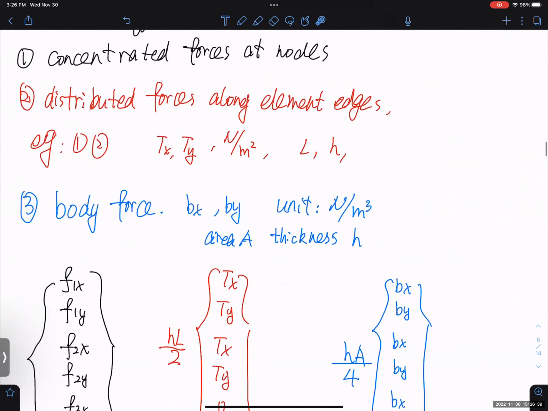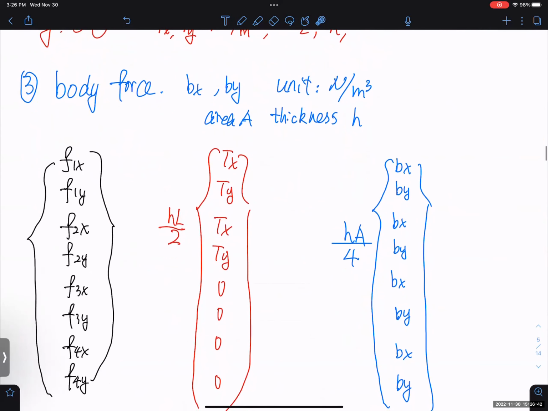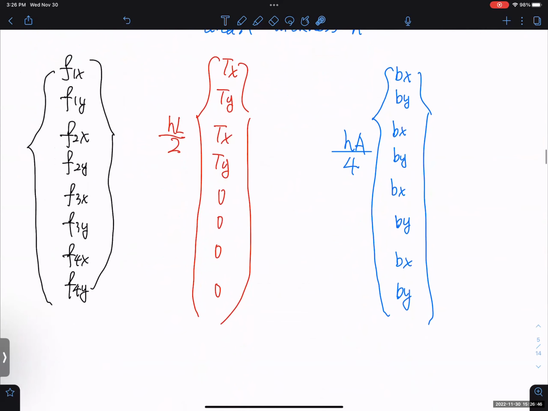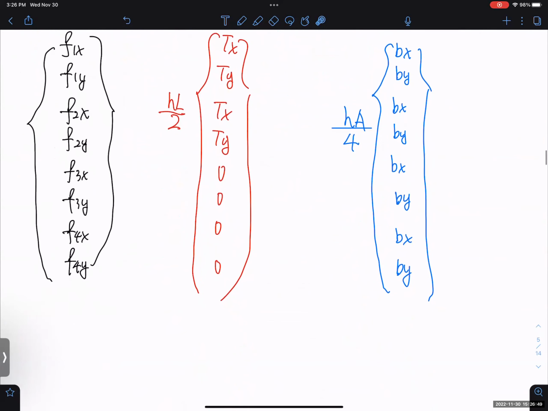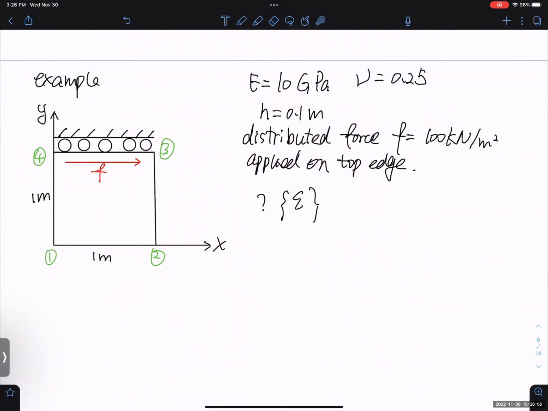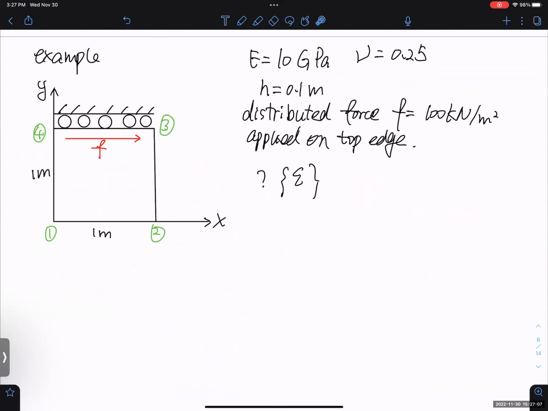Now the equivalent nodal force, I think this part is relatively easy because this is very similar to the CST element. We just divide it equally among the different nodes if it's a distributed force on the edge or a body force. In the CST chapter we solved this problem using two CST elements, and in this chapter we solve this problem using one rectangle element.